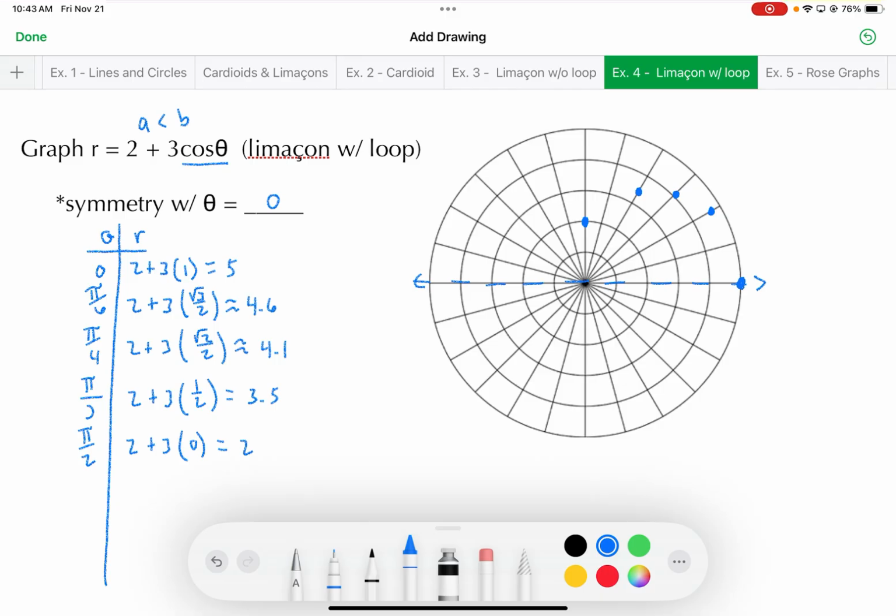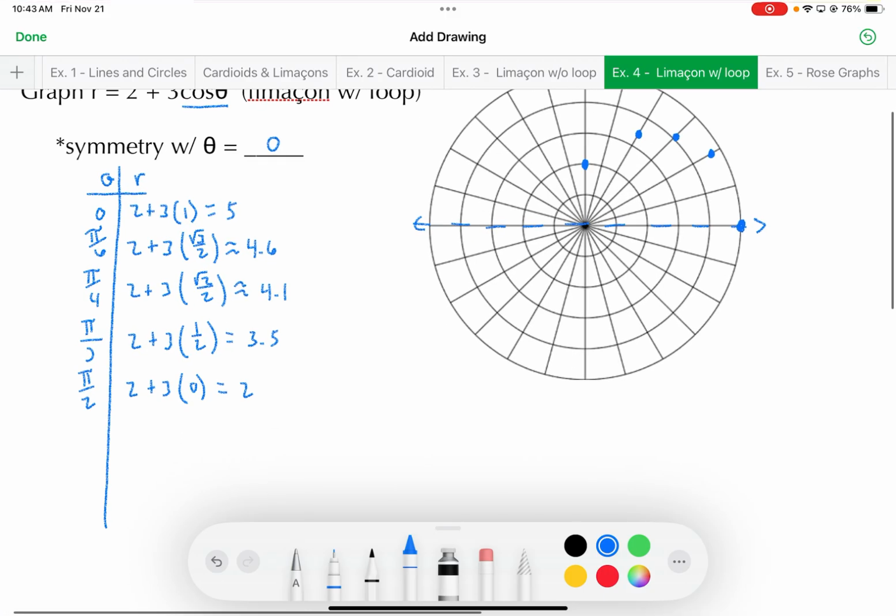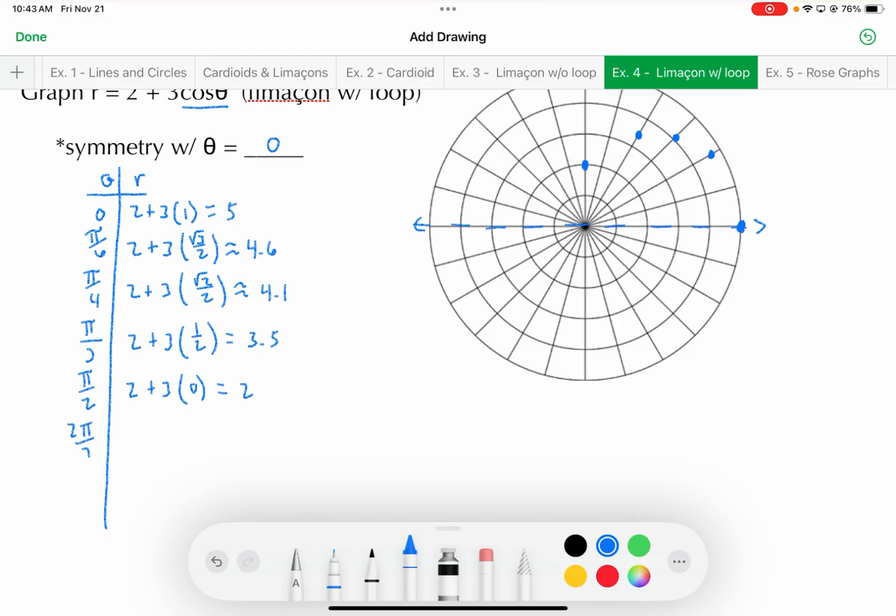Okay, so now let's start using some second quadrant angles. How about I do 2 pi over 3 next? That's 120 degrees. Cosine of that is, what, negative 1/2? So that's 2 plus negative 3/2, that's 0.5.